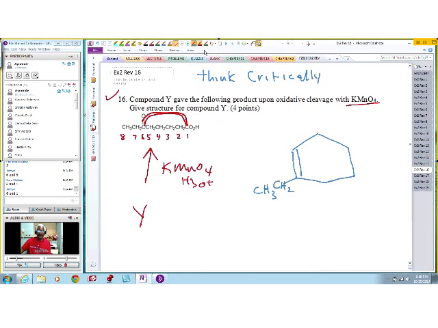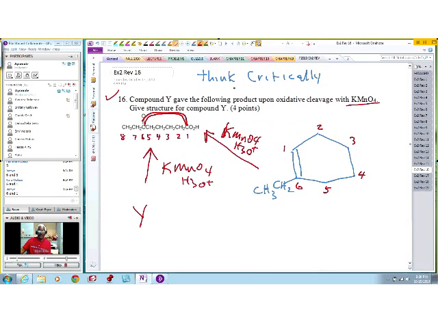Let me number those carbons for you again: carbon 1, 2, 3, 4, 5, and 6. So when we react this with potassium permanganate, what does it do?